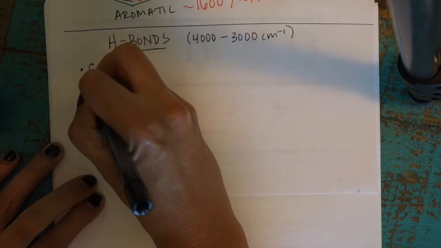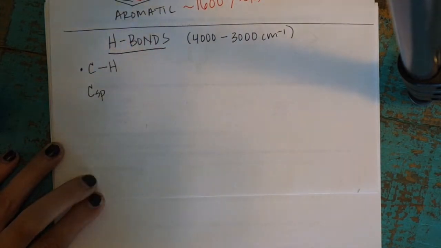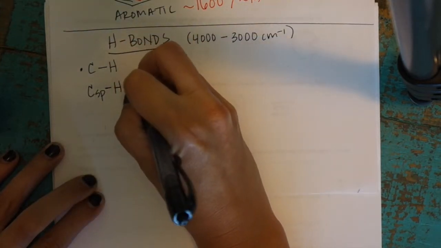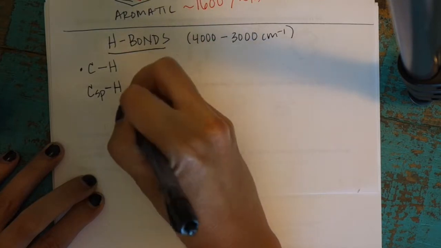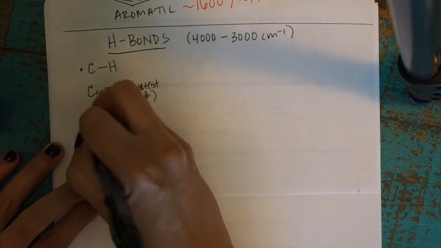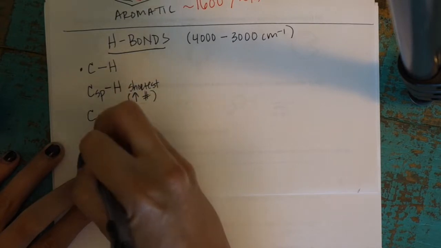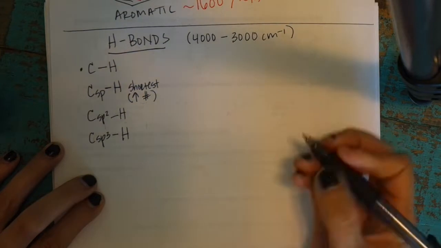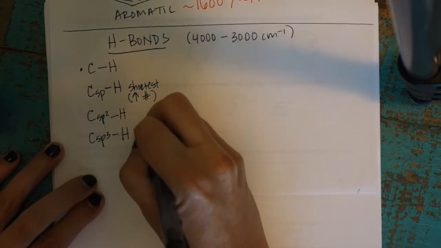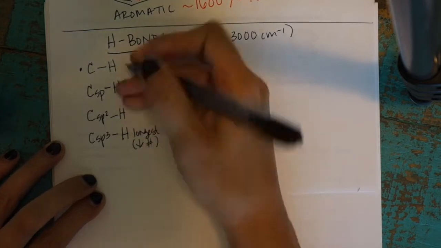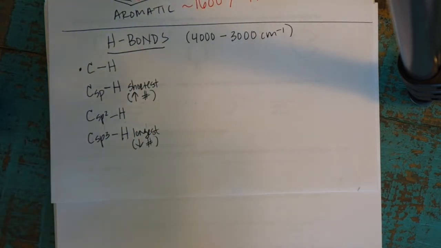So if you have an sp carbon bonded to an H, that's going to be the shortest one, so it's going to be the highest wave number. And then, of course, sp2 and then sp3. This will be the longest, and so it'll have the lowest number out of the CH bonds.